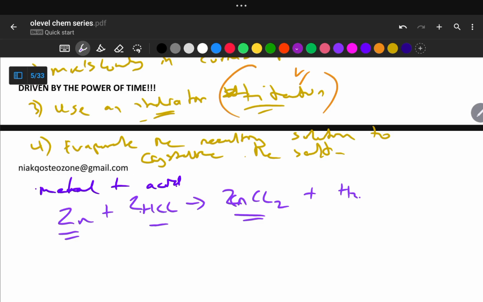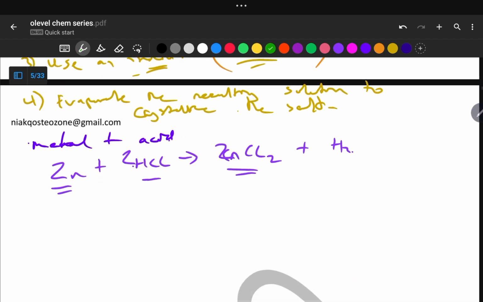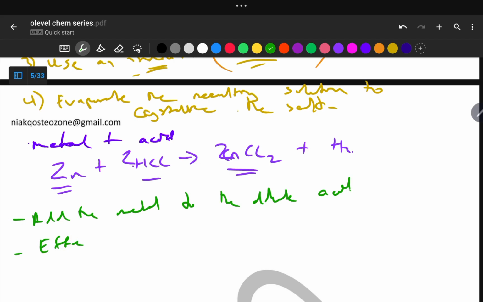So the first step, we are going to add the metal to the dilute acid, right? And then we are going to observe the effervescence sound produced by this hydrogen gas, or we can observe the bubbles.